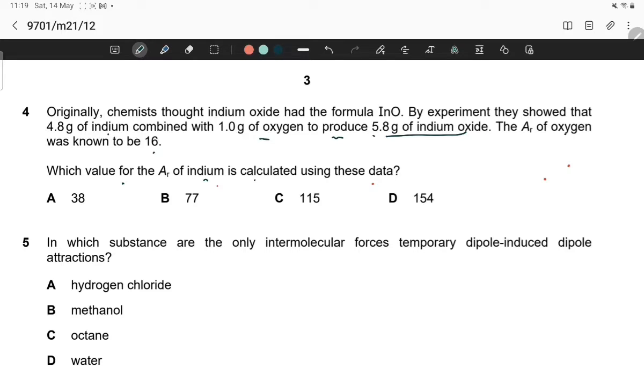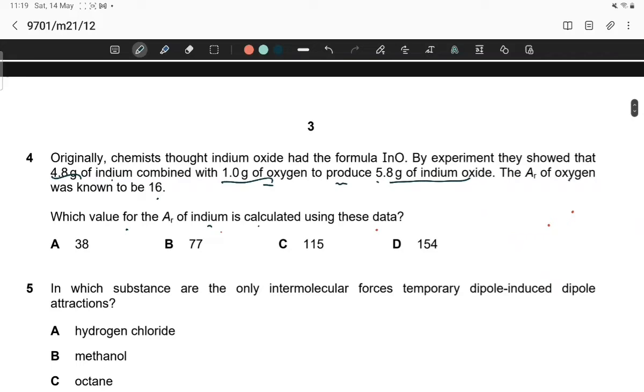So we can find out by using the empirical formula, by using that we have 4.8 grams indium and 1 gram oxygen to produce 5.8 gram indium oxide.